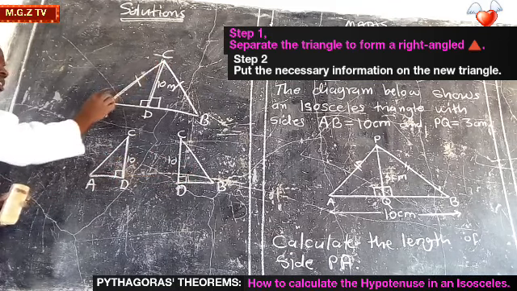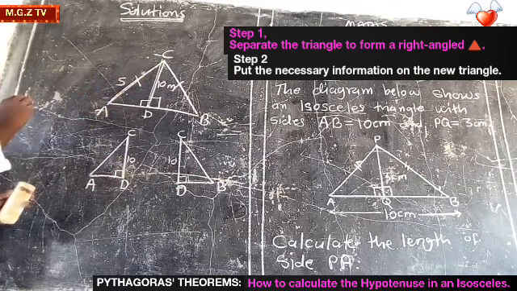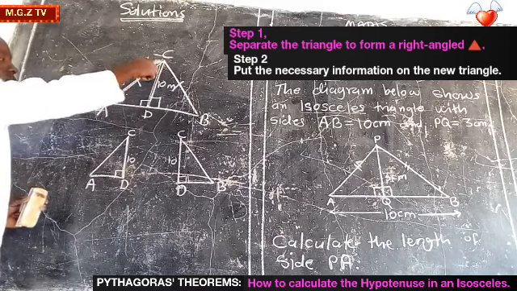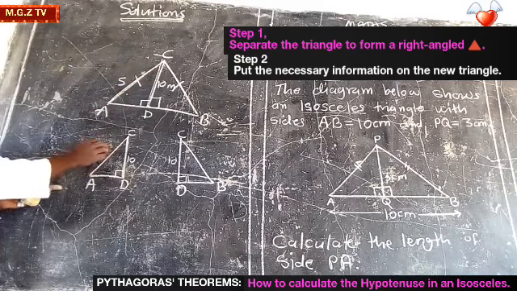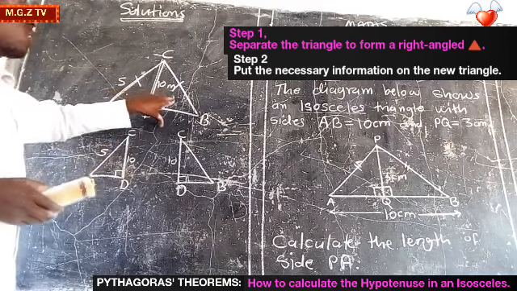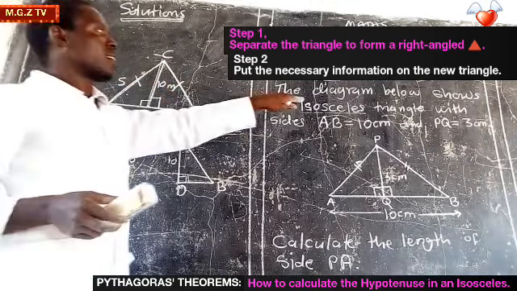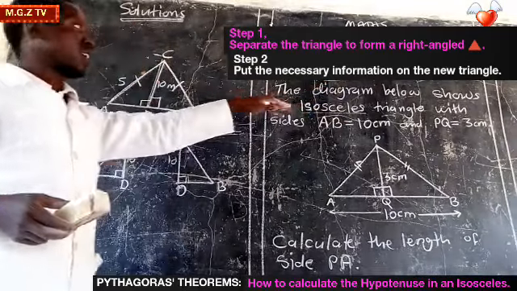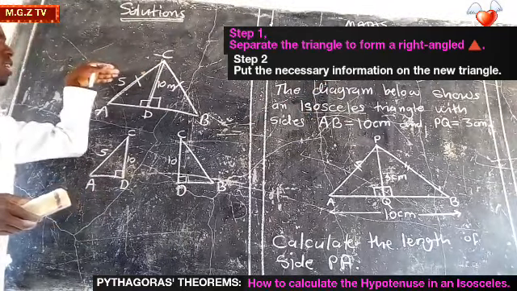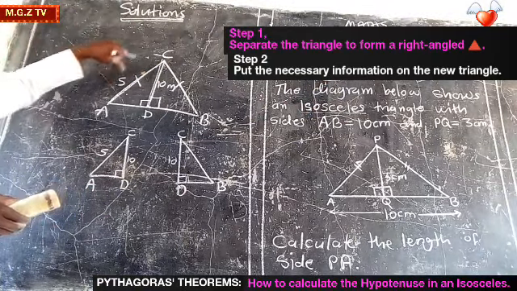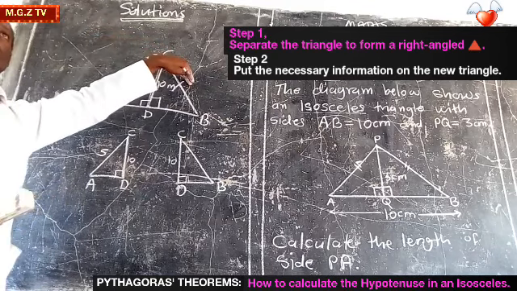This side, if you have 5, the 5 is for AC, meaning AC is 5. Because of this triangle being an isosceles triangle, we say the length for this side is also same for that one.